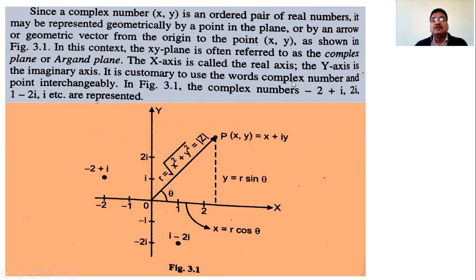So in the figure, the complex number minus 2 plus i is this number, because the real part is negative and the imaginary part is positive. 2i is this number. 1 minus 2i is this, because the real part is 1 and the imaginary part is minus 2, so it lies in the fourth quadrant. And if we have to find the modulus and argument geometrically, then the distance of the point from the origin is the modulus, and the angle made by the line with the positive axis is called the argument.